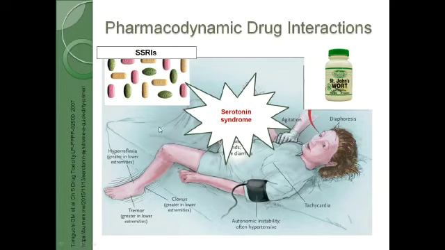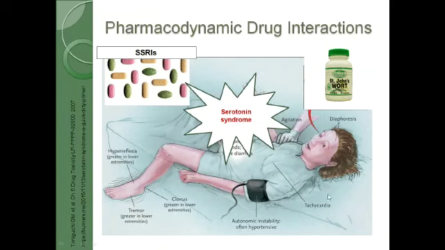So these are the antidepressant drugs, SSRIs. They increase serotonin level. And if taken with another supplement, St. John's wort, which can be prescribed extensively, they will increase serotonin levels, which can result in serotonin syndrome.